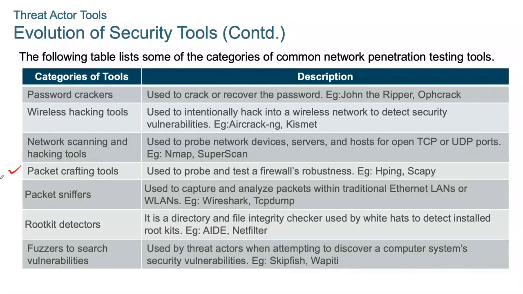These packet crafting tools are used to probe and test a firewall's robustness. So where do you find the firewalls? We configure firewalls at the edge router, right? That is most important. So these packet crafting tools are used at the firewalls to check whether legitimate packets or any malicious packets are coming in.